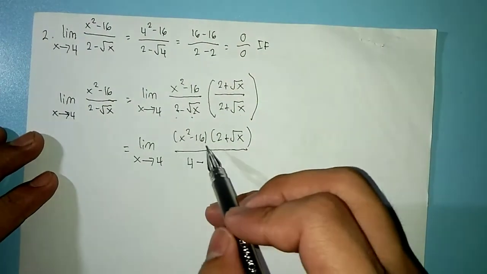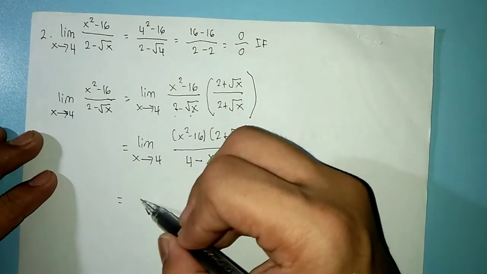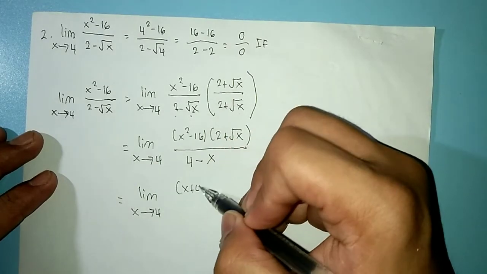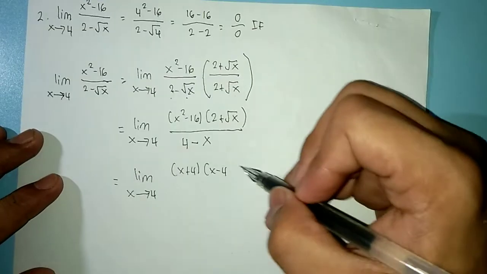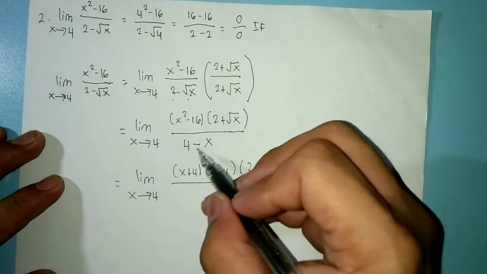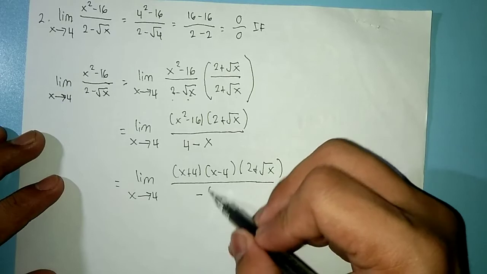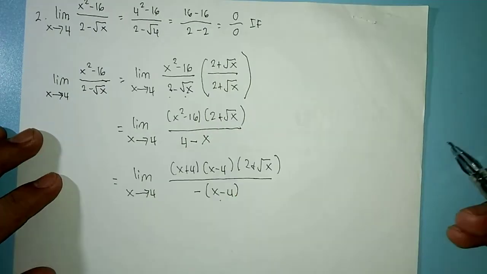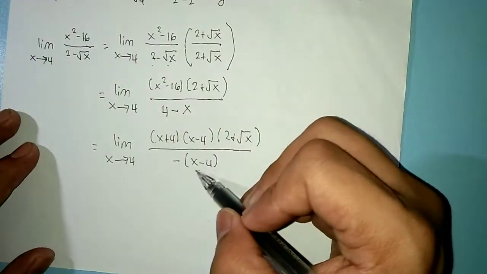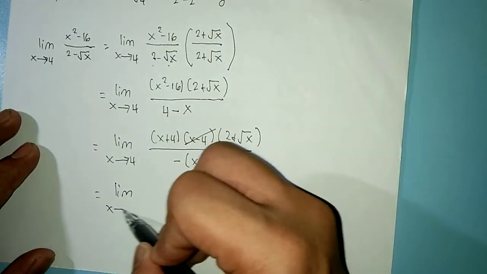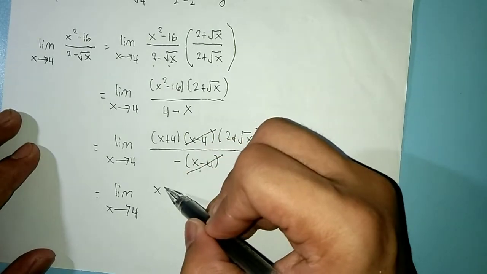So i-factor natin to. So limit, x plus 4, x minus 4, tapos 2 plus square root of x over, so eto gawin nating negative quantity x minus 4. So pwede nyo i-check, same lang yan ng 4 minus x. Okay? So dito kasi makakancel natin yung x minus 4. Ang matitira na lang ay yung x plus 4.